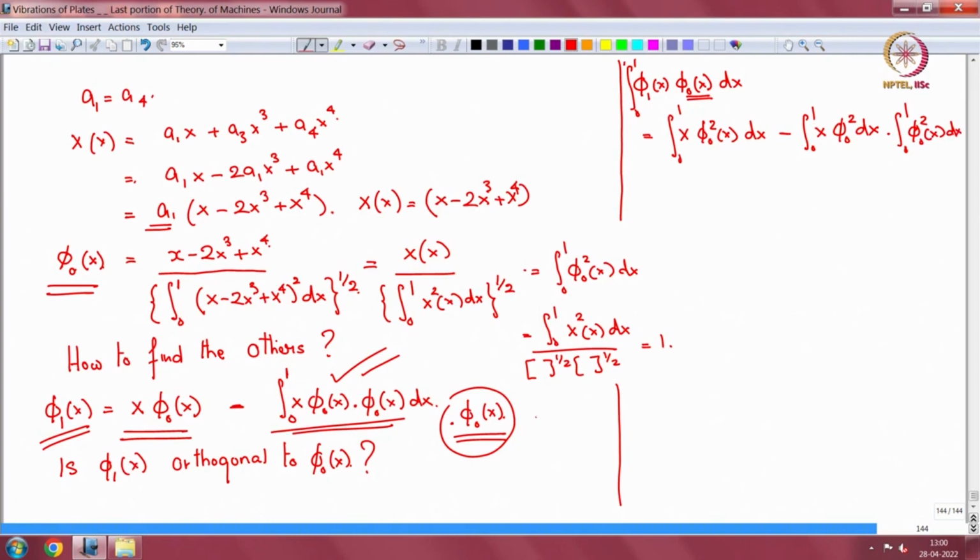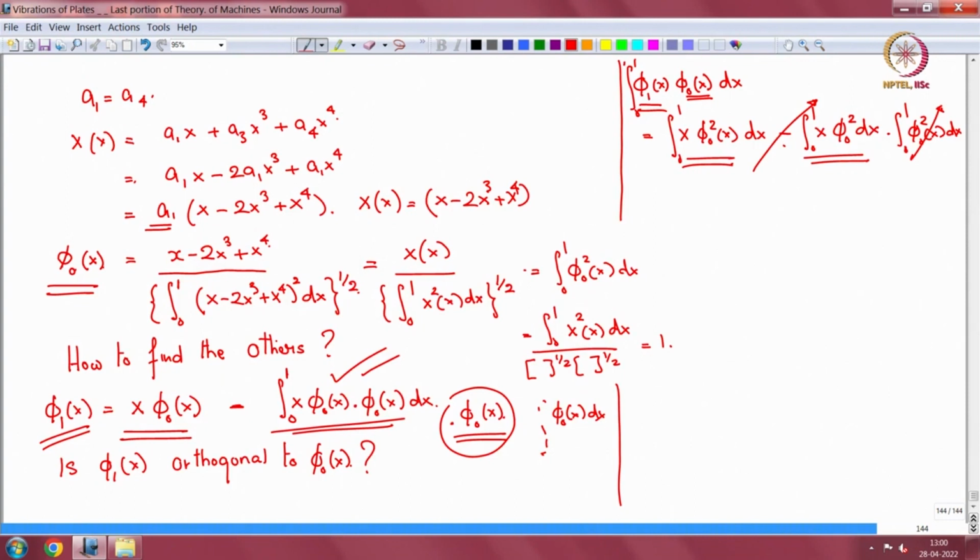I just multiplied this equation by phi 0 of x dx and integrated. That is all I did. So what happens? This is already 1. So what do I have? x phi 0 square dx, x phi 0 square dx with a minus. So this is 0. That means phi 1 and phi 0 are orthogonal.